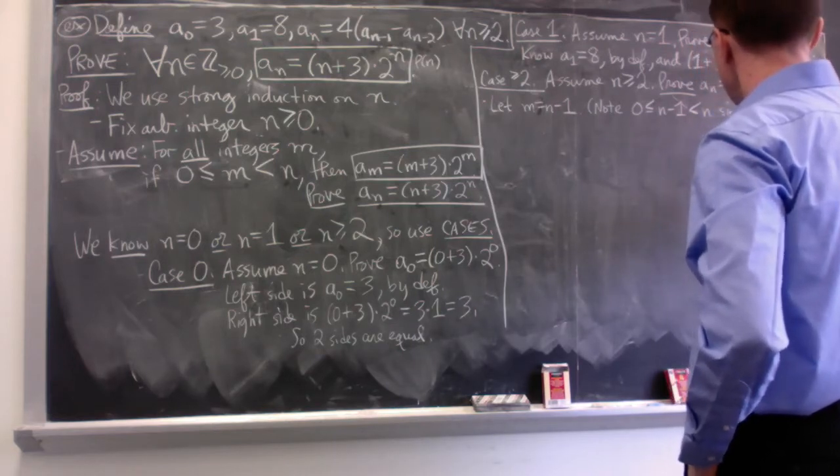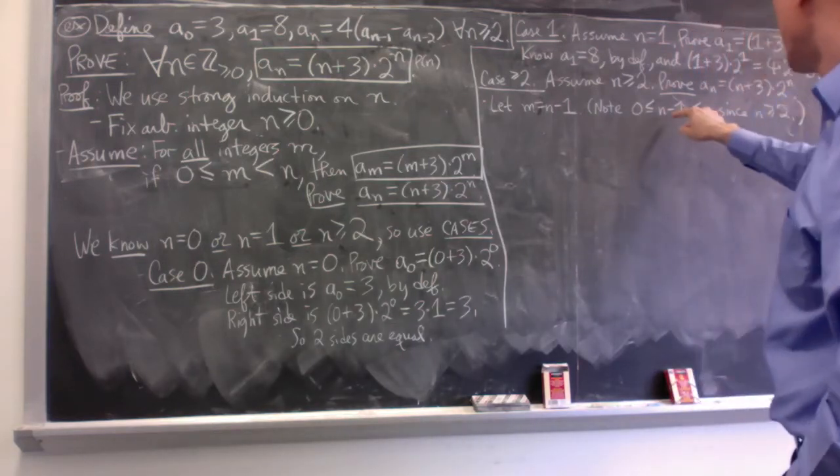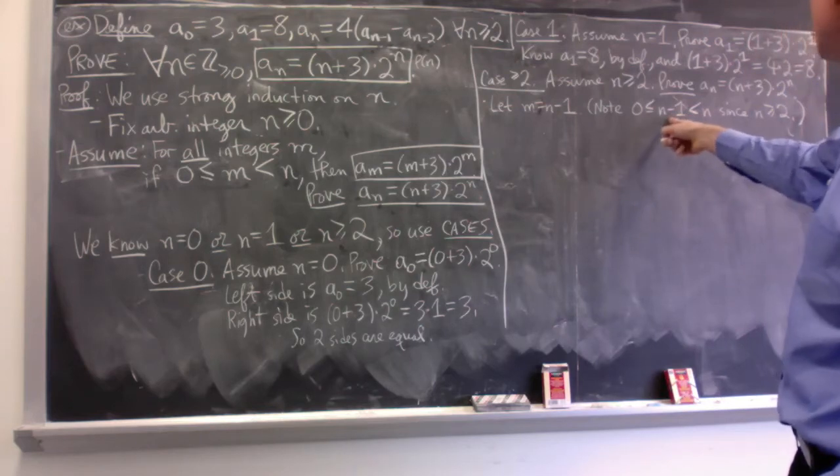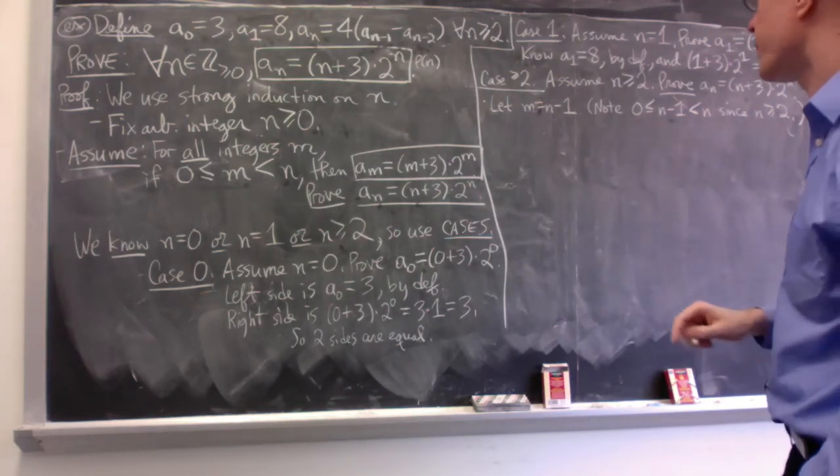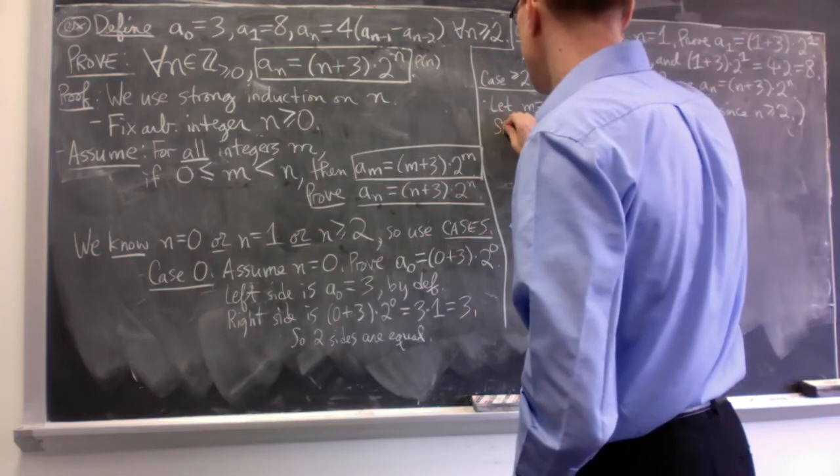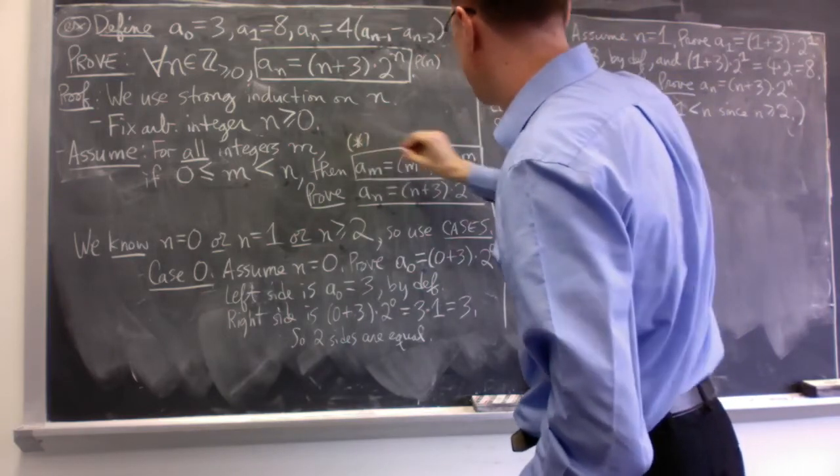N is at least 2 in this case, and therefore n minus 1 is at least 1, but it's certainly greater than or equal to 0. Let me call this star.